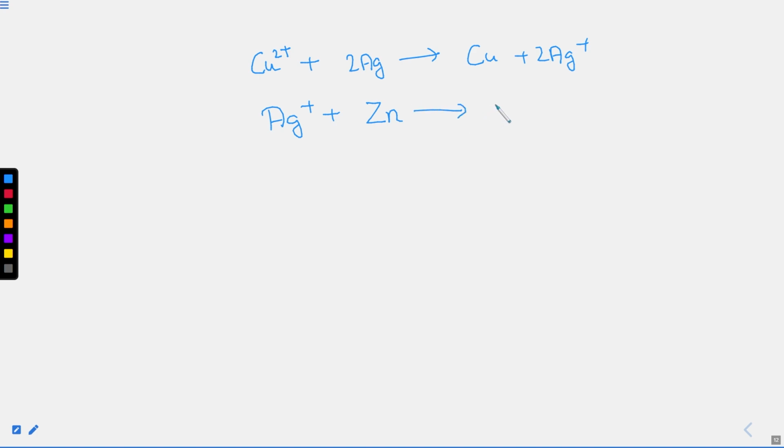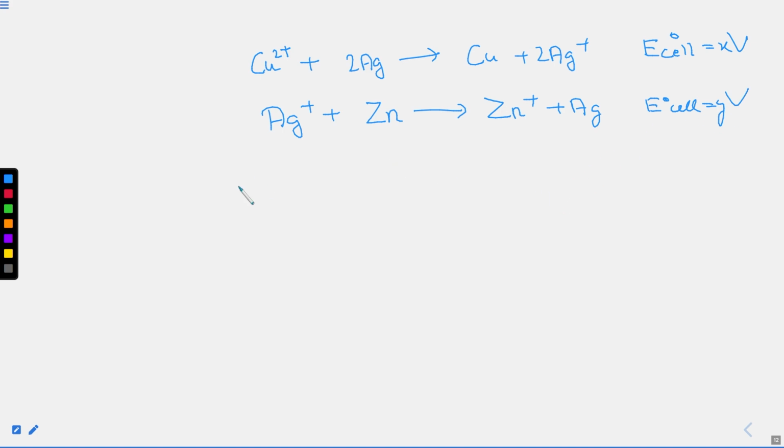It will become Zn+, suppose, and it is becoming Ag at the last. And you are given the E naught cell for both of these. Suppose this is X, this is Y, X volt and Y volt.